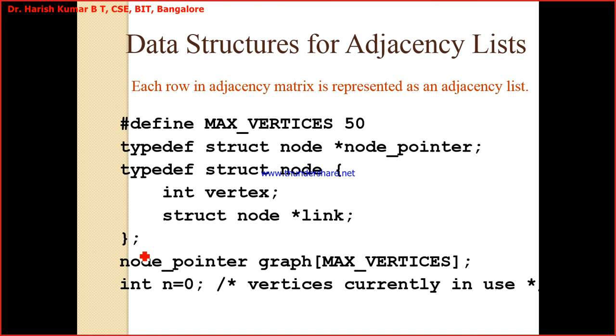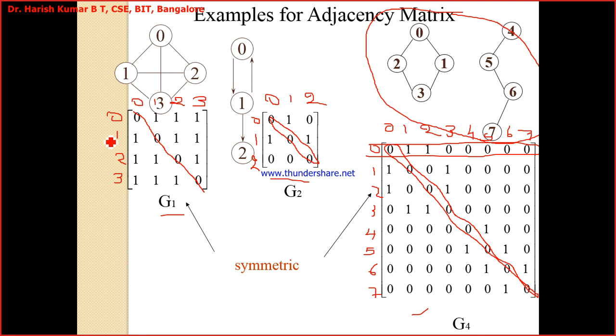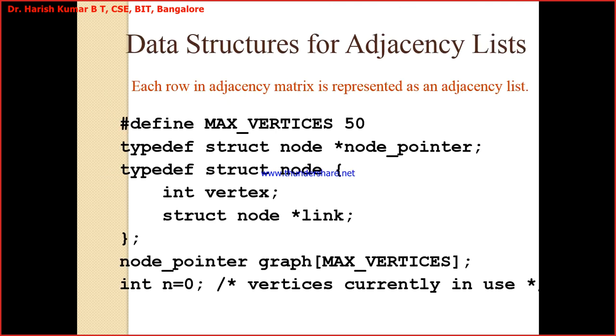Representing a graph in the form of an adjacency list is nothing but converting each row of an adjacency matrix into a kind of a list. Okay. Now how to do that?